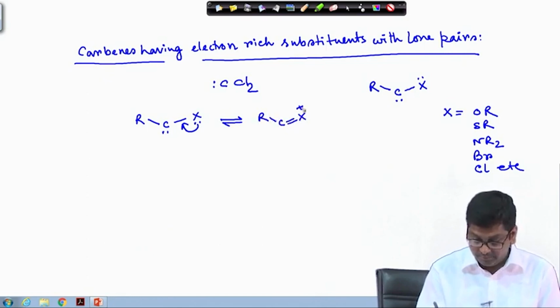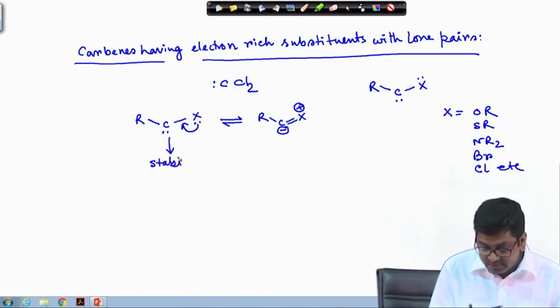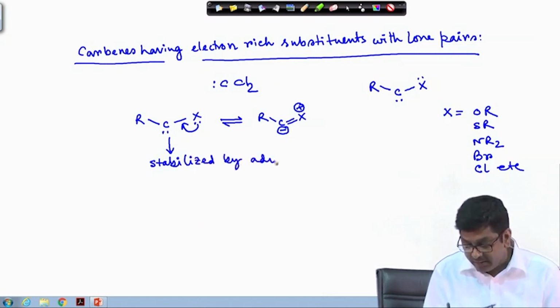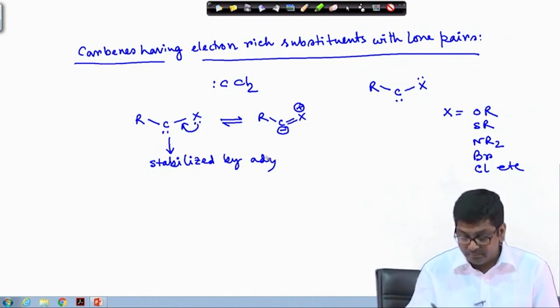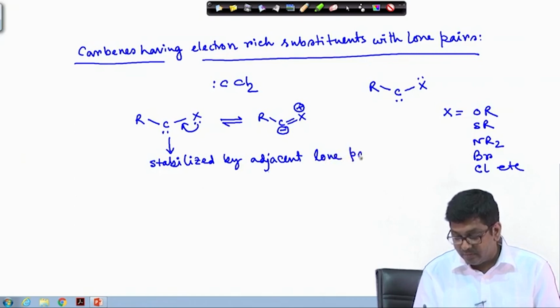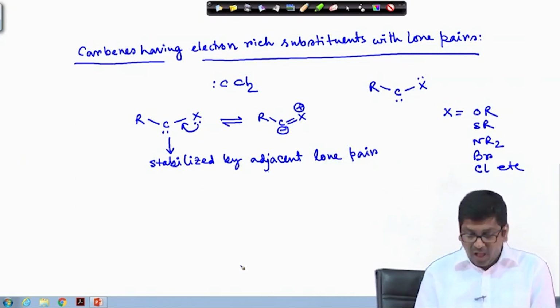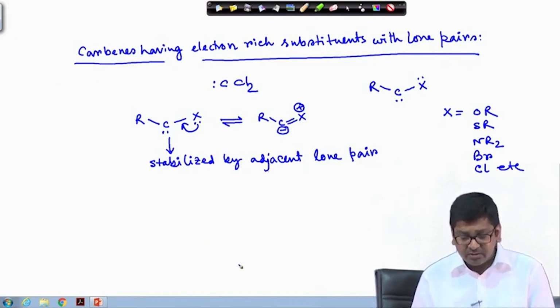Okay. So, these carbenes can be stabilized by the adjacent lone pair. Fine. How can it stabilize this one?